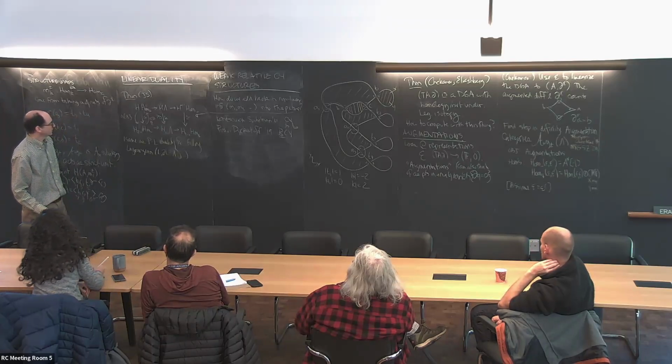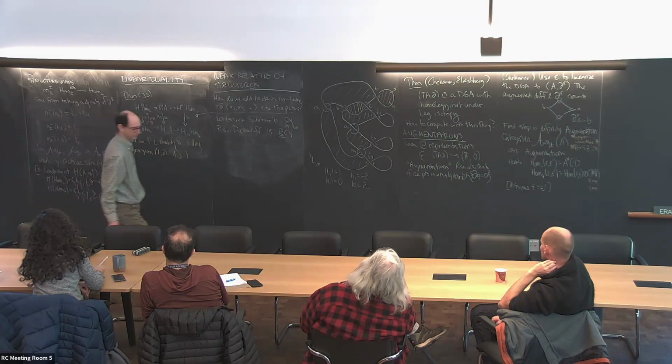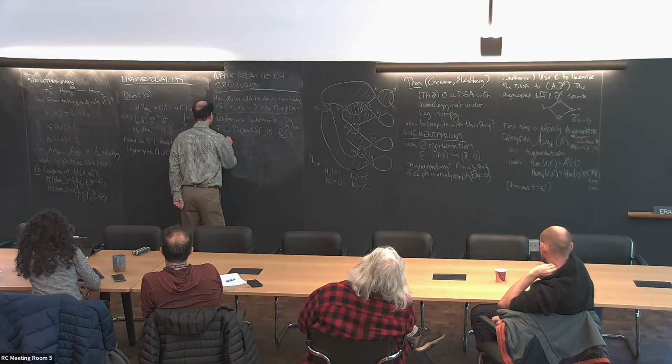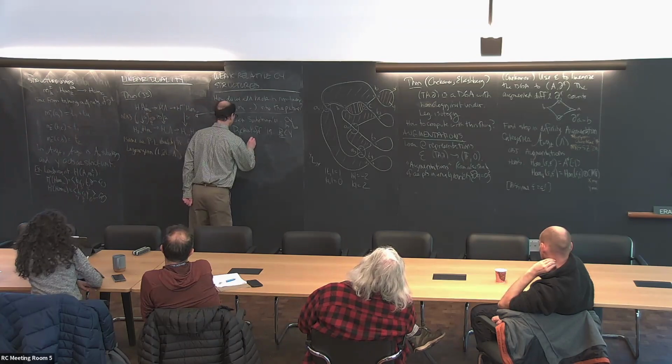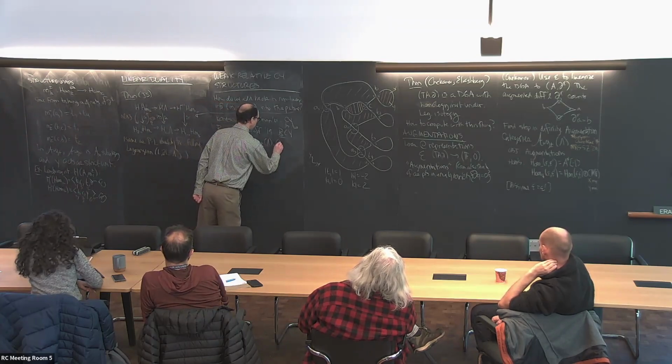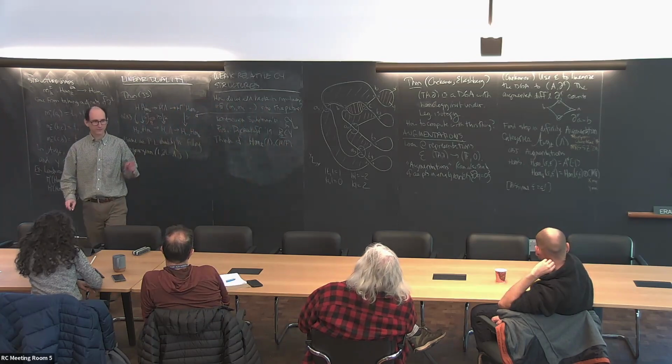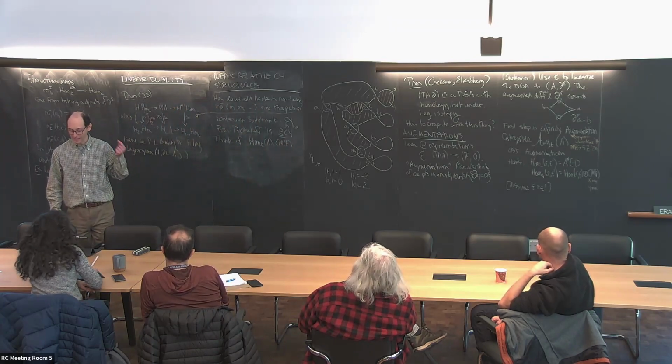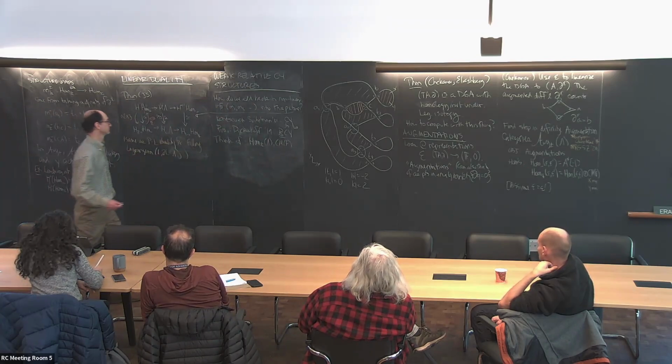So the algebraic idea is we're going to think of all of Hom plus and minus and the Morse complex, not as vector spaces, but as A infinity bimodules over aug plus.